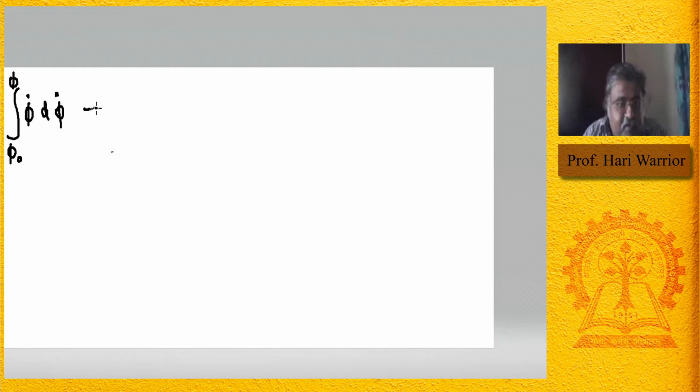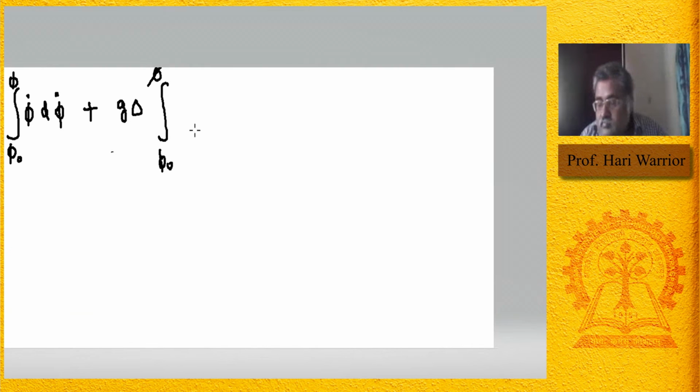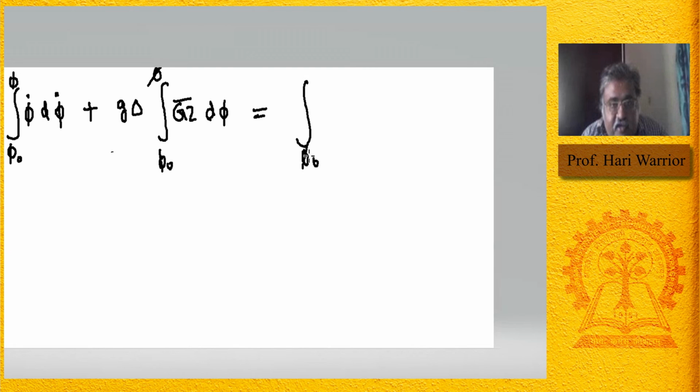We just manipulated it into this, plus G delta into integral of GZ d phi. Usually GZ is written like this, it doesn't matter, is equal to integral of MH d phi.